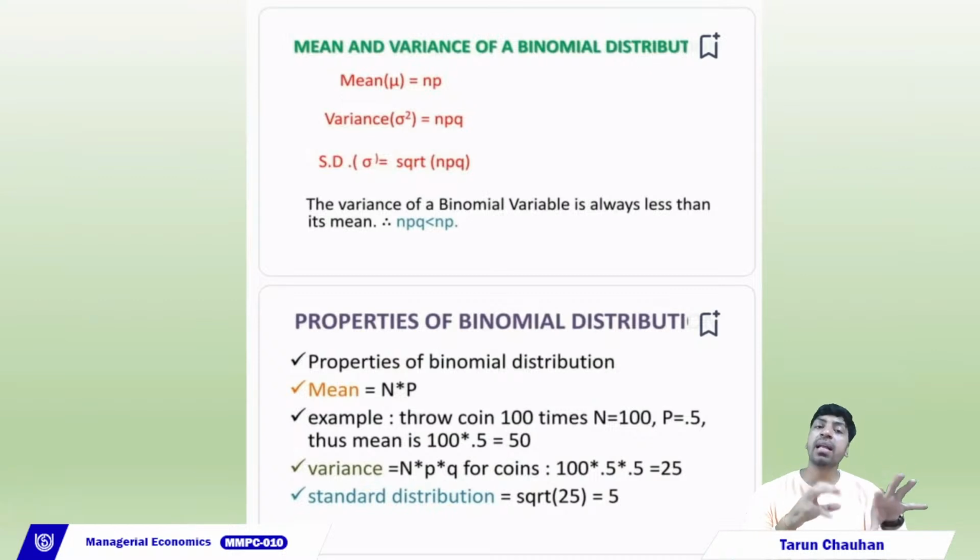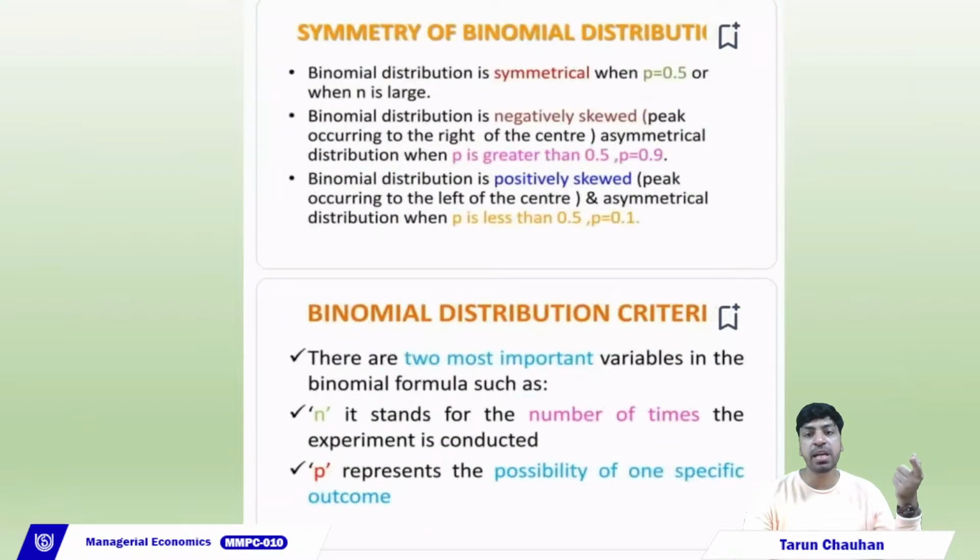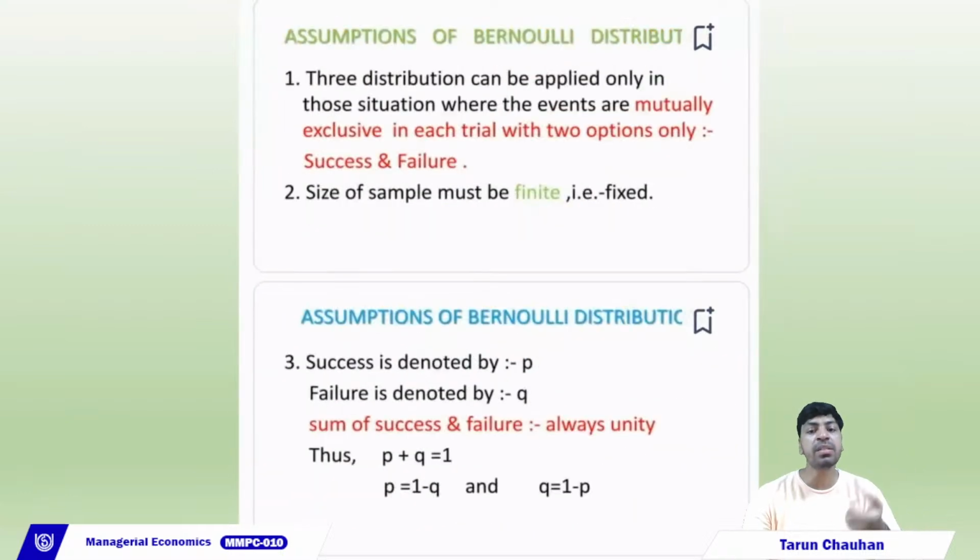Then how to calculate the variance? The main question arises here. Obviously, n is already given and p is already given, so q can easily be calculated. What is the formula of q? Q stands for 1 minus p. If you see the formula over here, which I already told you, success and failure: if p is given, you can easily calculate q.